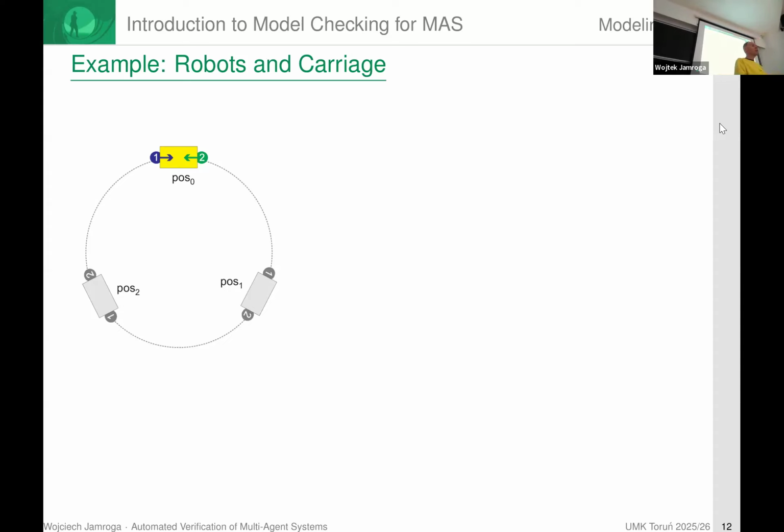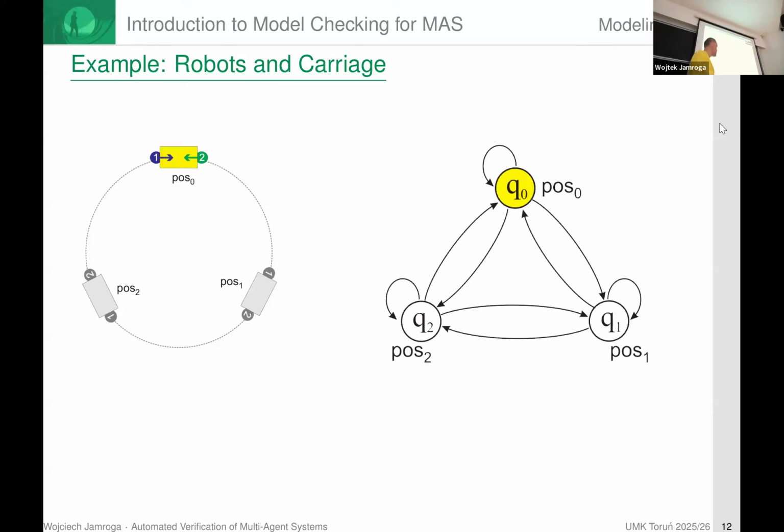So there is a global clock ticking behind somewhere, and with every tick of the clock, every agent decides what they want to do, and the transition happens accordingly.